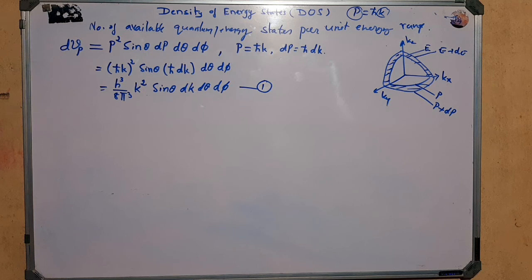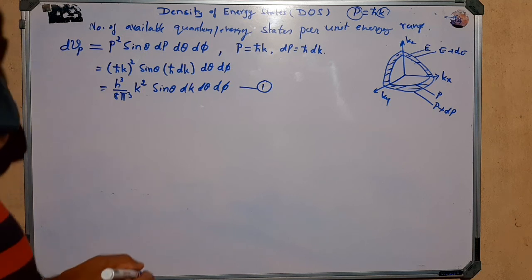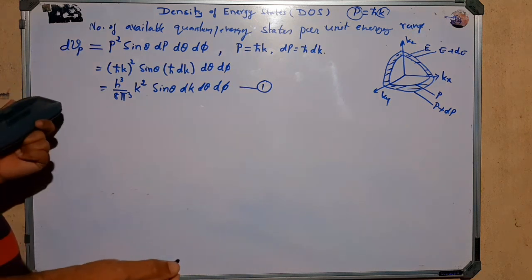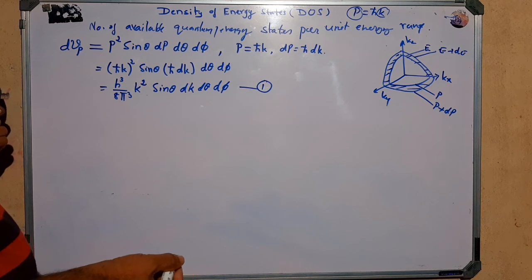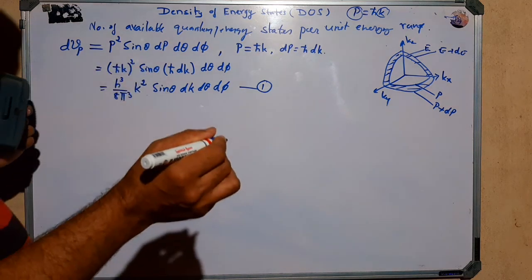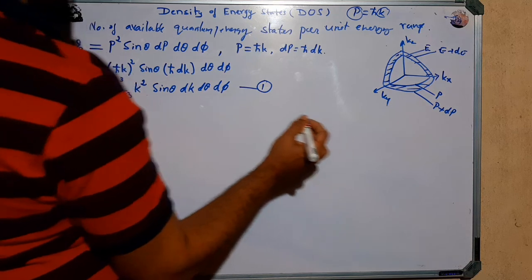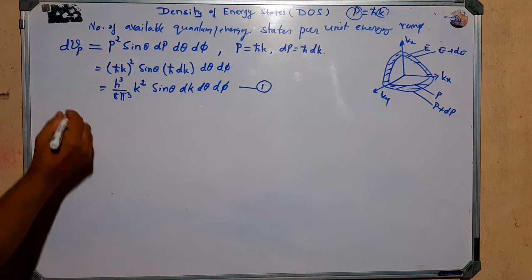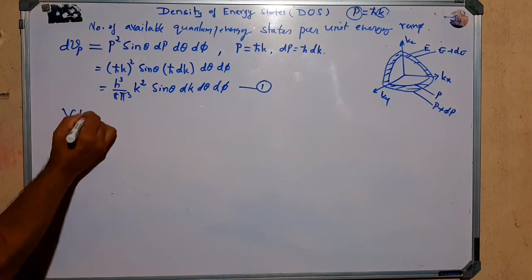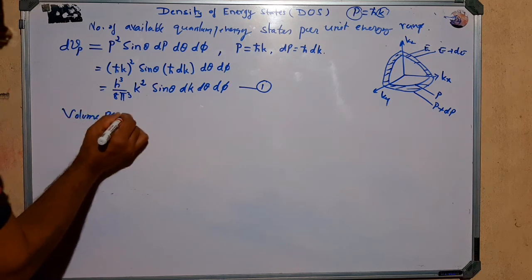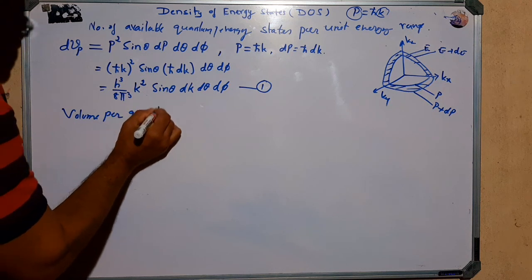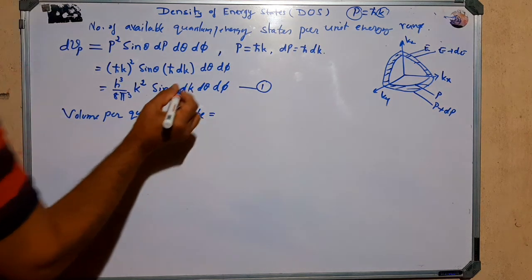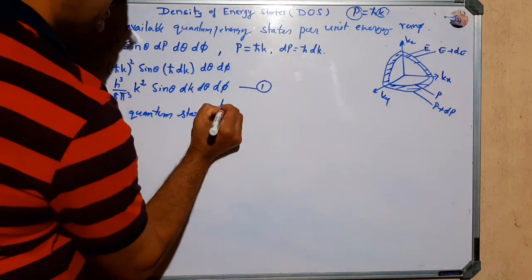Now, in statistical mechanics, you might have studied, or if not, just note this point: each quantum state occupies a volume equal to h cube by 2. That means volume per quantum state is h cube by 2.